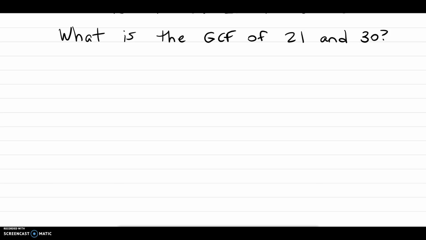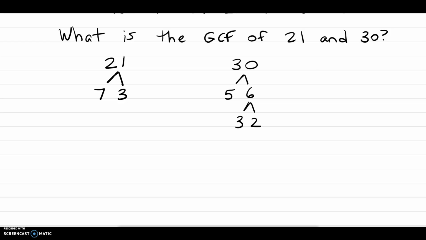All right, so remember, prime factorization is when you take the number and you break it down into its prime factors. So for 21, the only prime factors I can use to multiply are 7 and 3, so 7 times 3. For 30, there's a couple ways I can multiply together to get 30. I could do 5 times 6. 5 doesn't break down anymore, and now I've got 3 times 2.